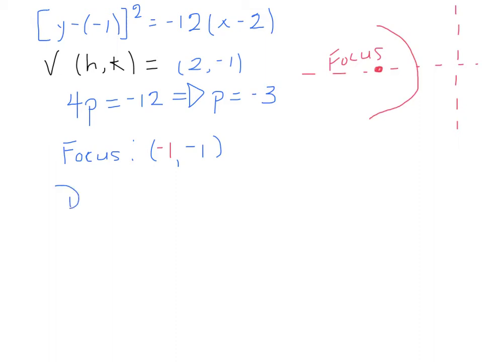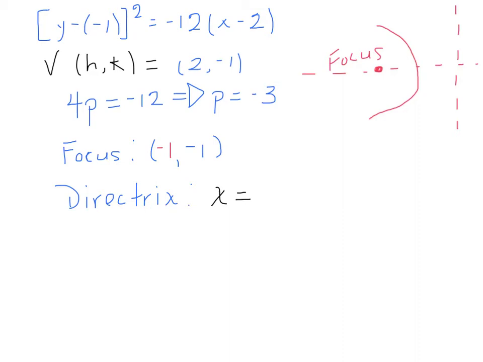Your directrix is a vertical line, which means it's going to have an equation with x equals. That number is going to be 3 units away from the vertex in the opposite direction from the focus.